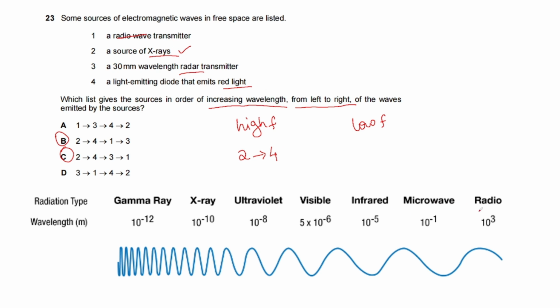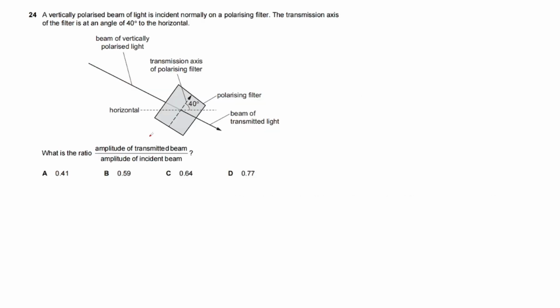The average wavelength for radio waves is in units of kilometers. But the third option has a wavelength of 30 millimeter, which is comparatively smaller, right? So 3 would be the second one, and the fourth one will be 1. So option C is the correct answer: 2, 4, 3, 1.